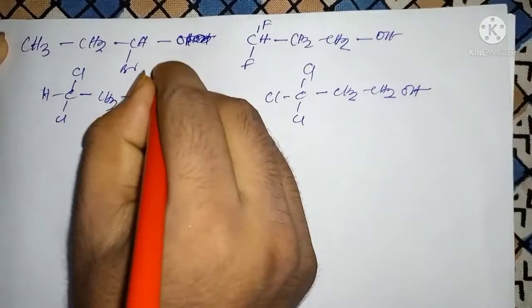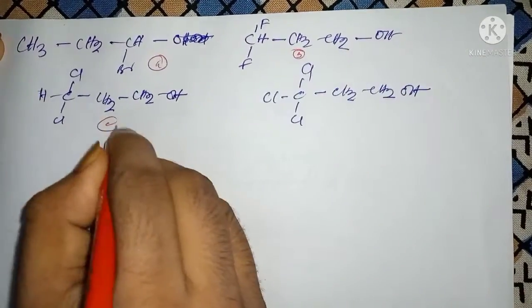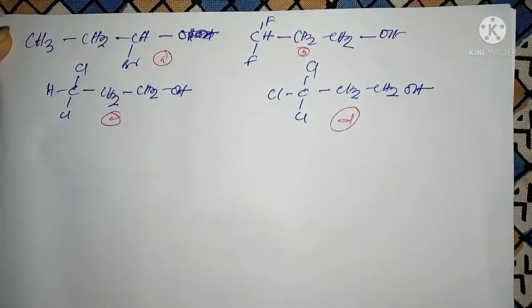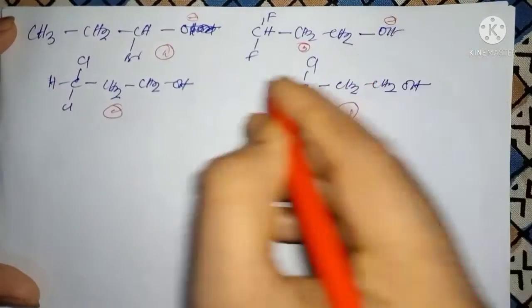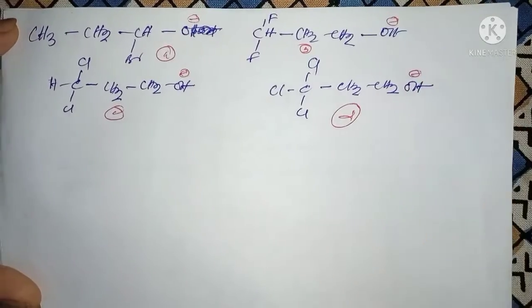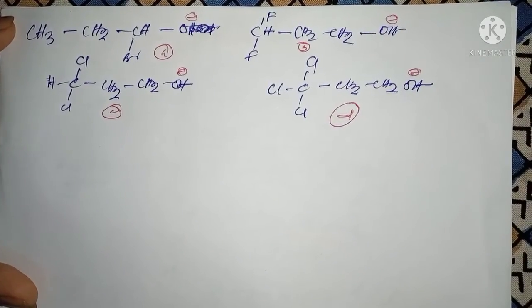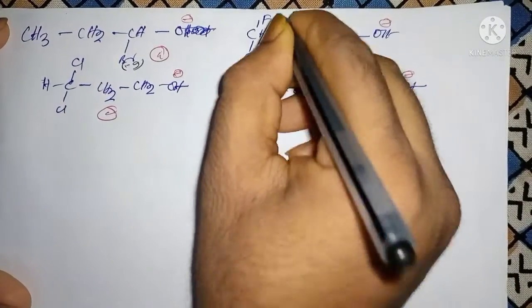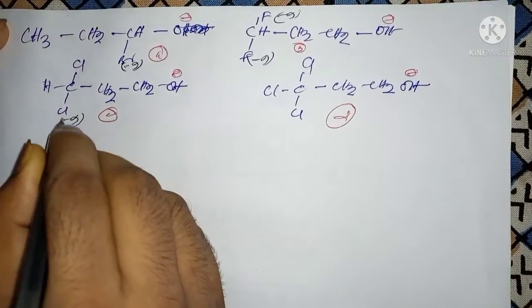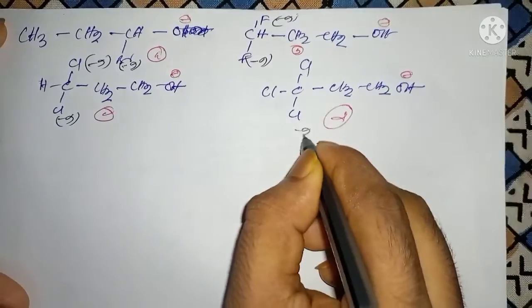So this is A, B, C, D. Acidity order. First remove H+. So this forms O negative in each case. Now conjugate base stability: Br has a minus I effect, F has a minus I effect, 2 minus I effects are there, and here there are 3 minus I effects.